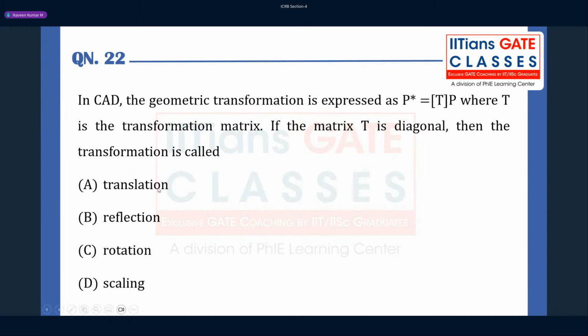We'll discuss translation, reflection, rotation, scaling, and a common notation where the transformed point or the transformed geometry is equivalent to some matrix into the original point or the original geometry. P represents the original one, P star is the transformed one, and the transformation is happening through this T, and T is a matrix. So let's see what is translation, reflection, rotation, and scaling.